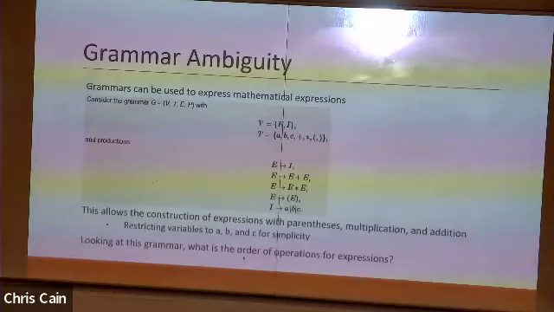So this grammar is ambiguous, and one way to envision ambiguous grammars is that it's very much like a mathematical expression where we don't have order of operations. So how do you resolve this? There's no rule that specifies the order, so it just happens to be whatever comes first. That's a great way to put it.